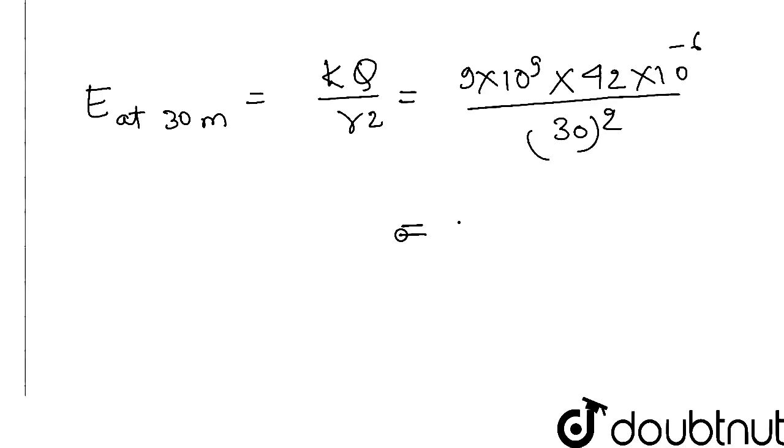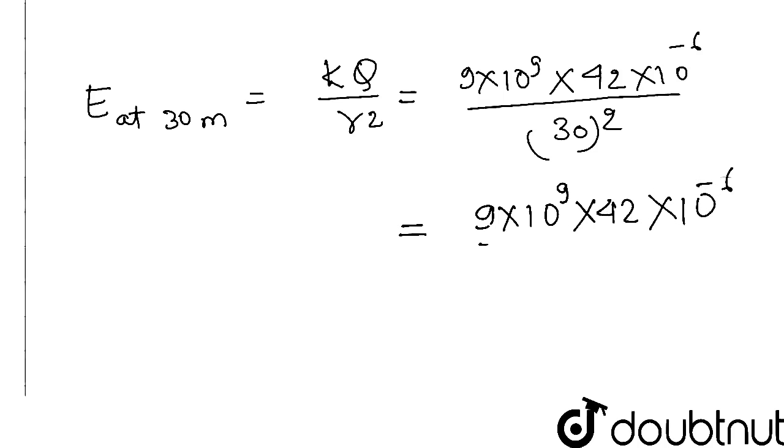So 9 into 10 to the power 9 into 42 into 10 to the power minus 6 divided by 900.